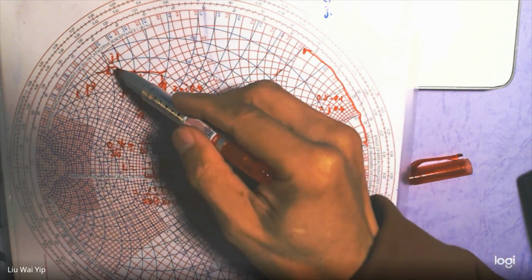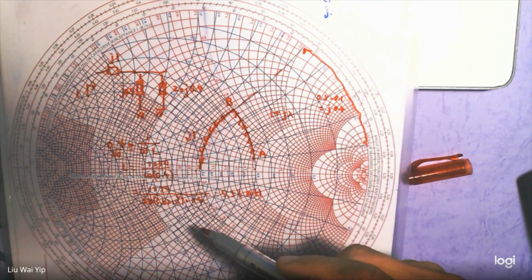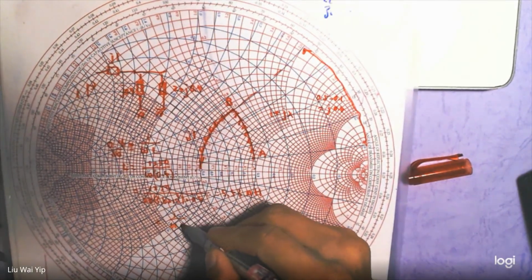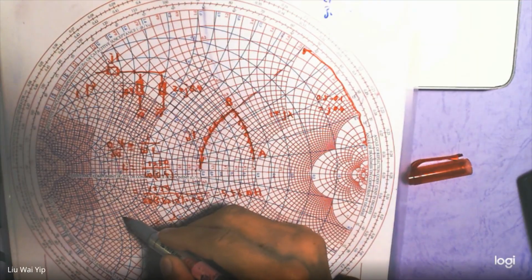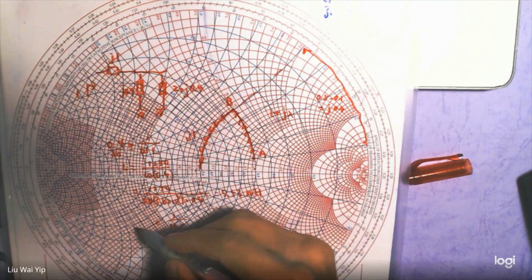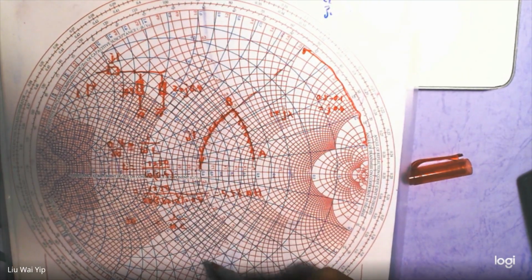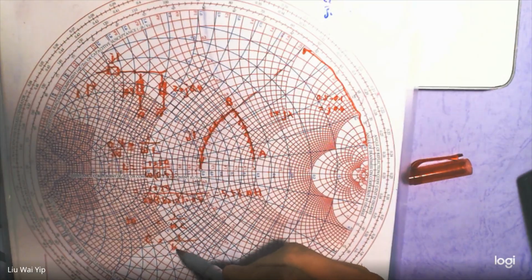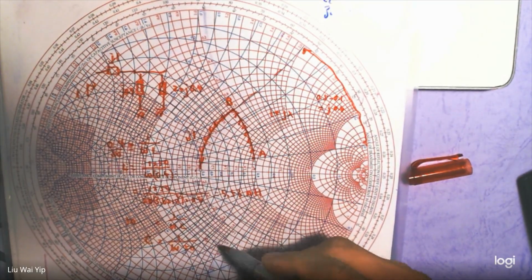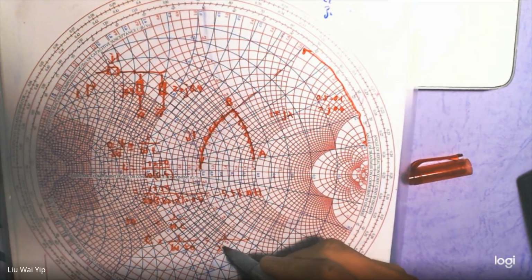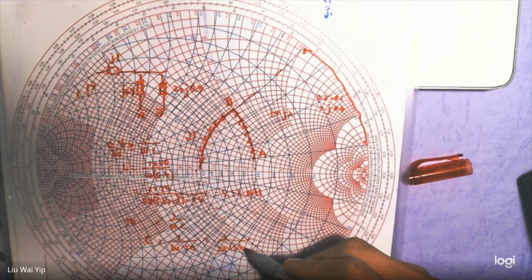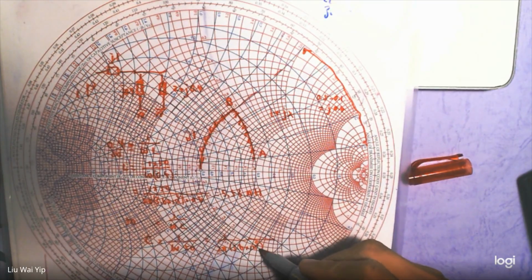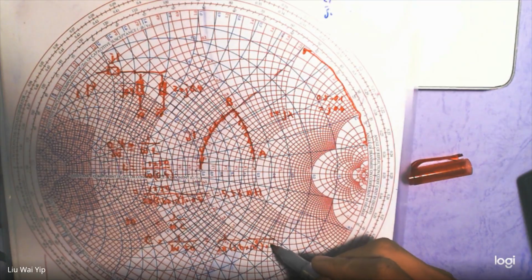Now we are going to work out the capacitance. The capacitance will be 1 over omega C, and then 1 j1 is 50. So in this case, C will be 1 over omega times 50, which is equal to 2 pi 3.6 times 10 to the power 9 and then times 50.